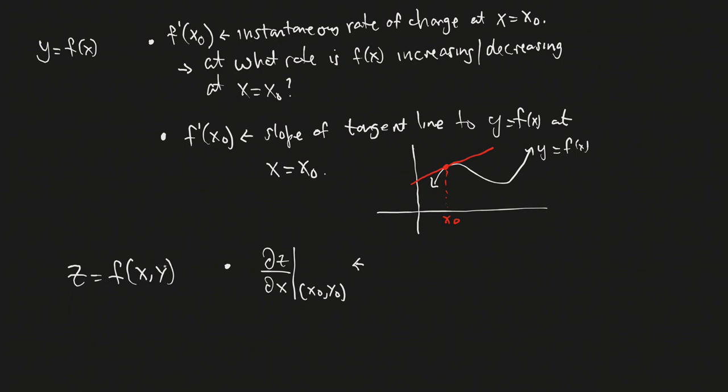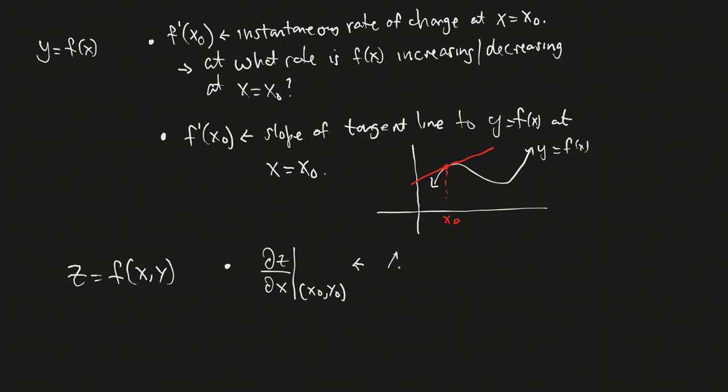This is where y does not change, but only x is allowed to change. And if I want to find at what rate my z value is increasing or decreasing, this is the thing that will give me that.